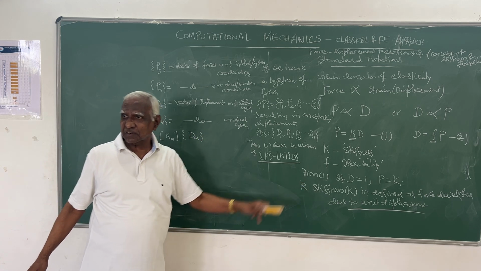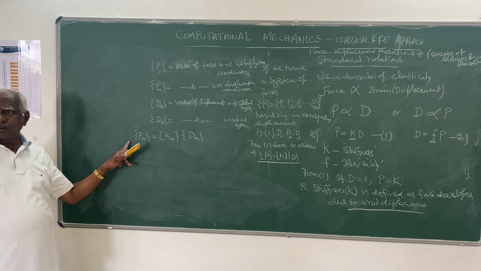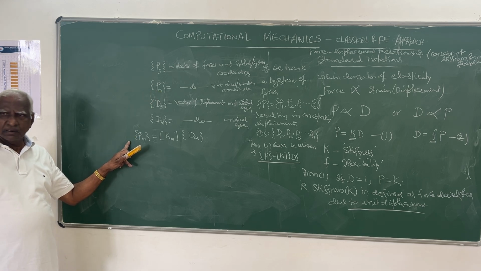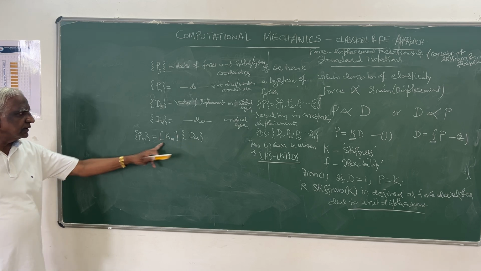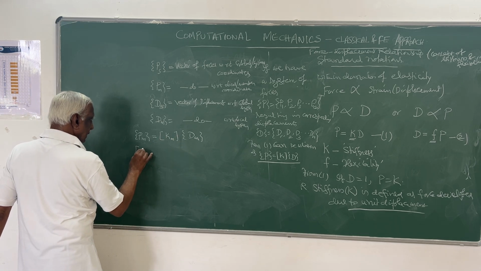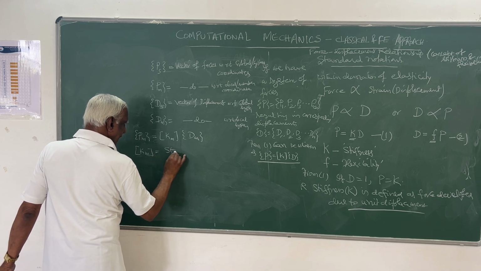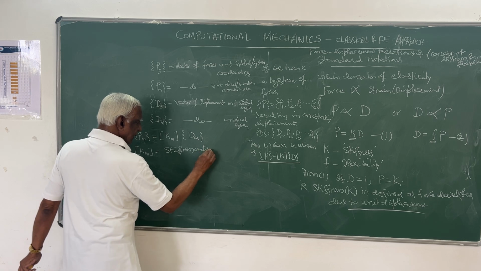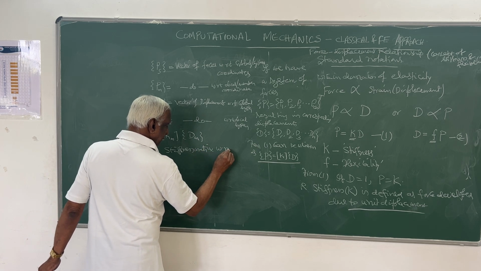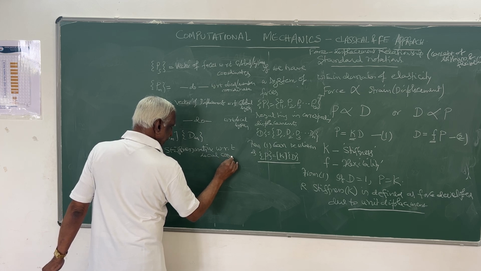This equation is the force displacement relationship, where PM is vector of element forces, DM vector of element displacement, and KM is the stiffness matrix with respect to local coordinates or member coordinates.